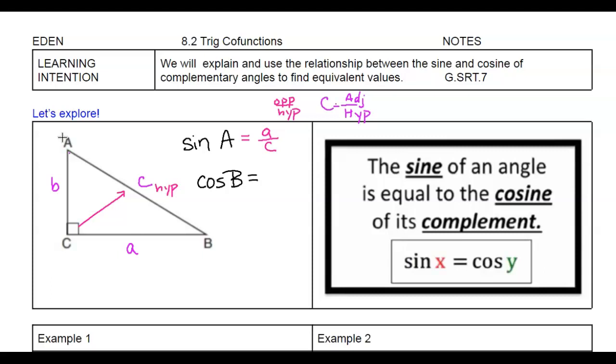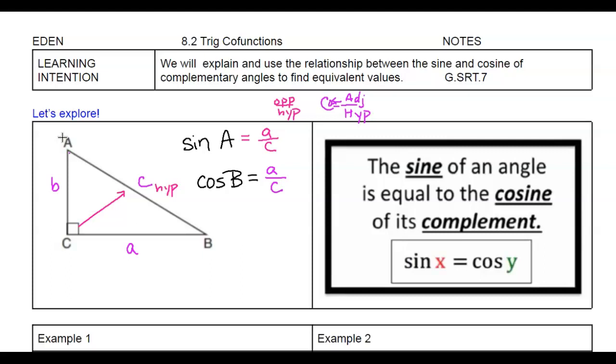So if I go to B, adjacent means right next to, so it's going to be little a over the hypotenuse, which is always c. What I notice is that I can have two different trig ratios of two different angles, but the answers are the same fraction, or the same ratio of sides.